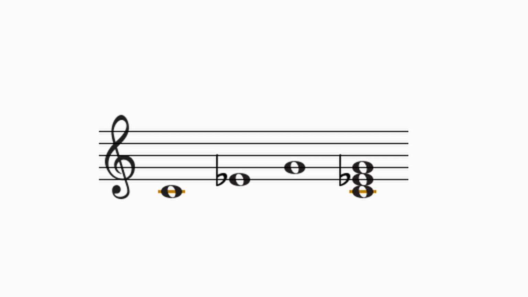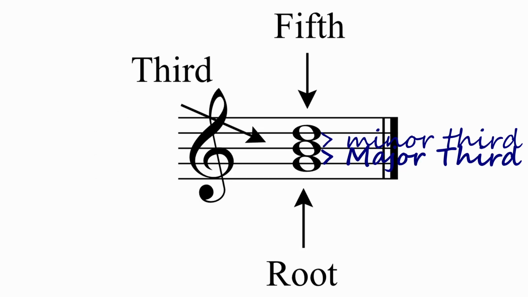So let's start off with the C like we did earlier. That one would just be perfect unison because that's the first note, obviously. But then the E would be four half steps away from the root, which is true in every major scale. So to remember it, the third is a major third away from the root.